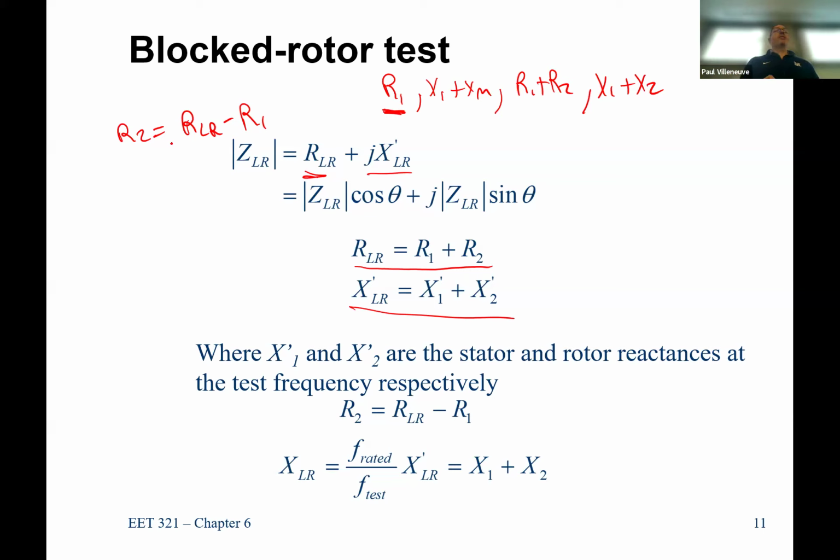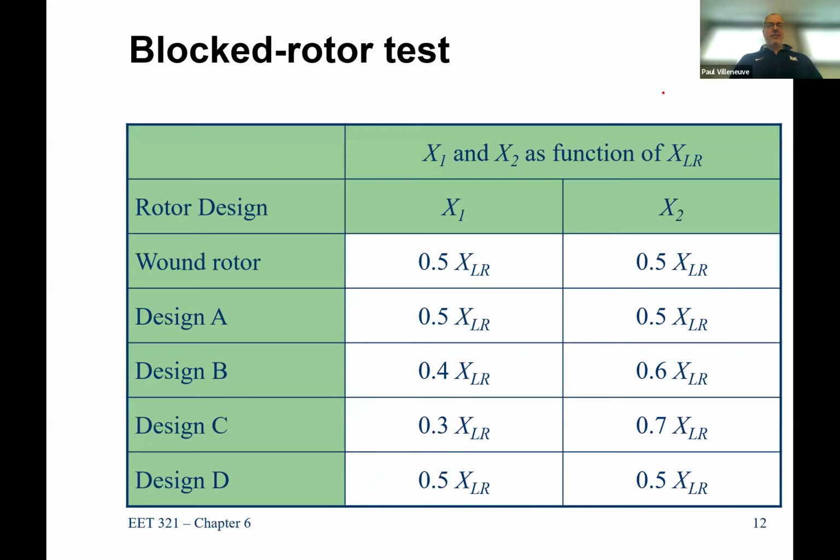Two equations, and how many unknowns? Three unknowns. So I don't have enough information to be able to calculate XM, X1, and X2. I have to do something else.